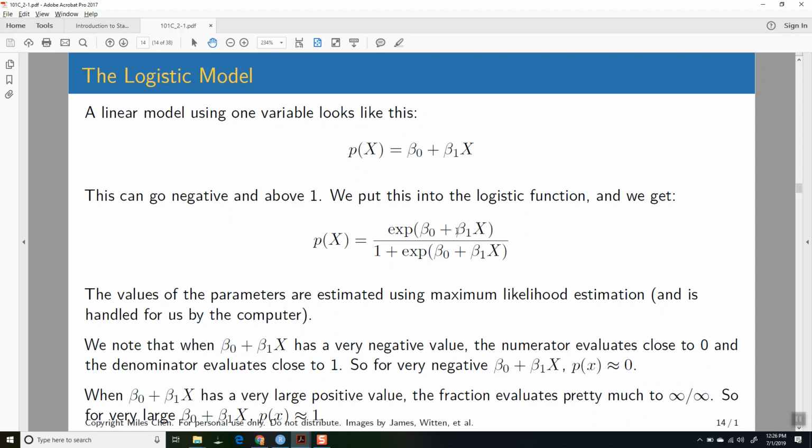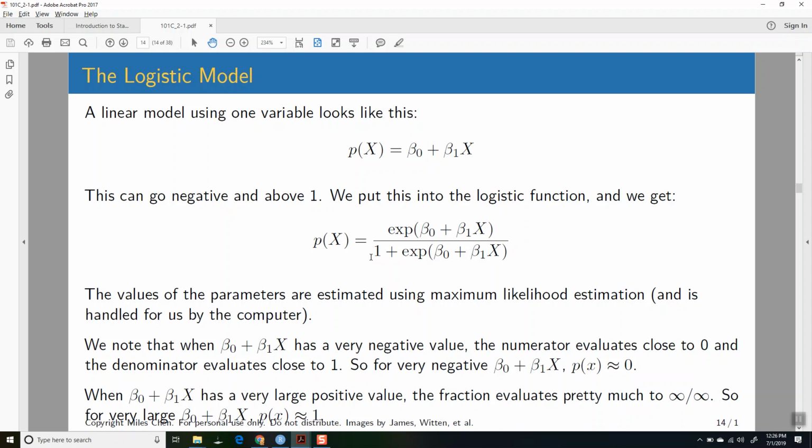So you're raising e to the negative 100, okay? E to the negative 100 is 1 over e to the 100. That's going to be practically 0, okay? So this part is 0 divided by 1 plus practically 0, and then your probability is practically 0, okay? So for very negative values of beta 0 plus beta 1x, you get 0.